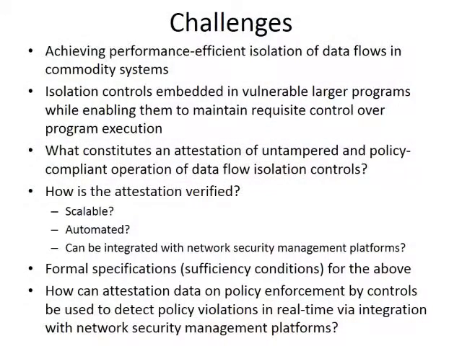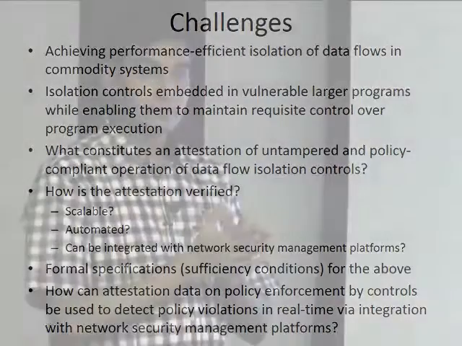You want the enterprise to know that the user who has enterprise data on his personal cell phone has the necessary isolation in place on his cell phone and the enterprise policies are being complied with. So there are plenty of challenges here. How do you achieve performance efficient isolation of data flows in commodity systems? I mean, there's plenty of related work here.